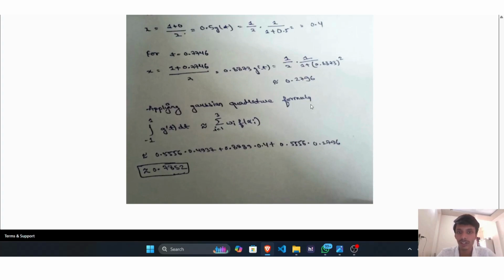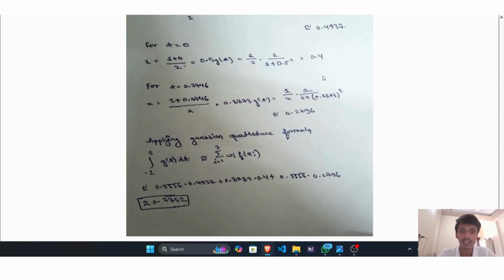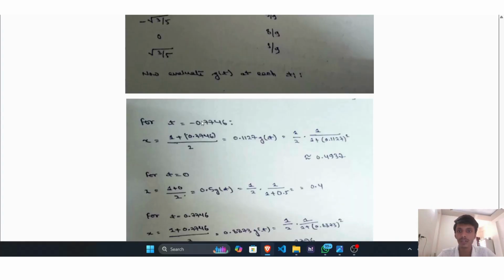By applying the Gaussian quadrature formula, this integral is approximately equal to the summation 1 to 3 of wi f(xi). If we calculate this and sum all the coefficients with the respective values, we get an approximate value of 0.7852, which is the required value.